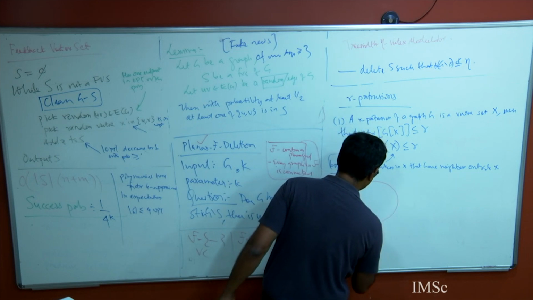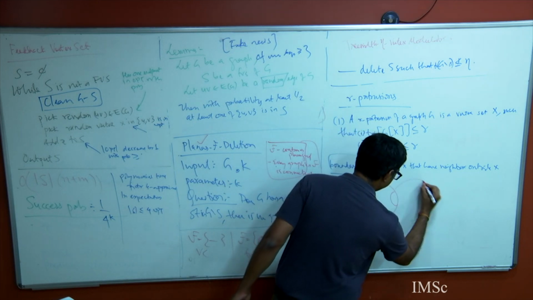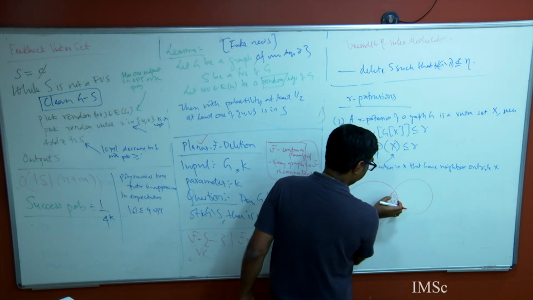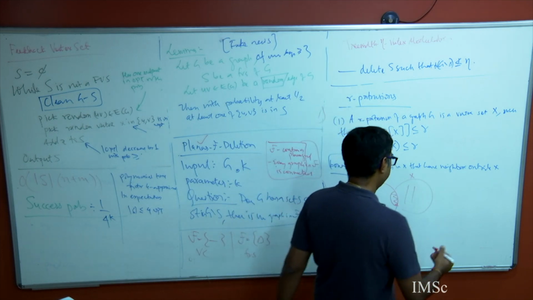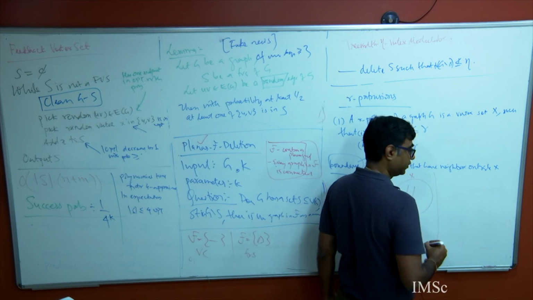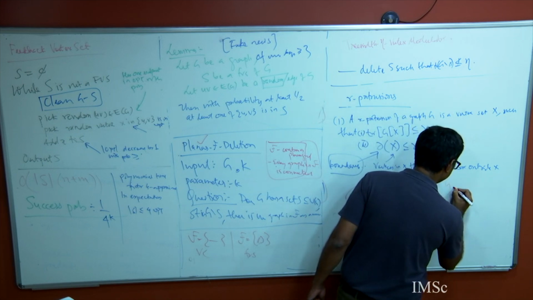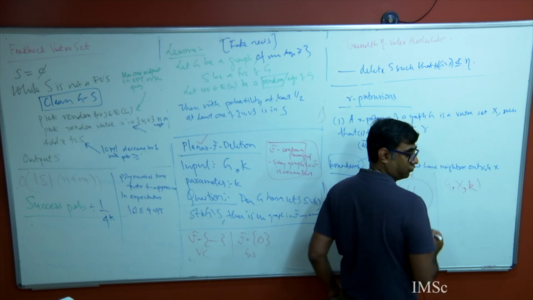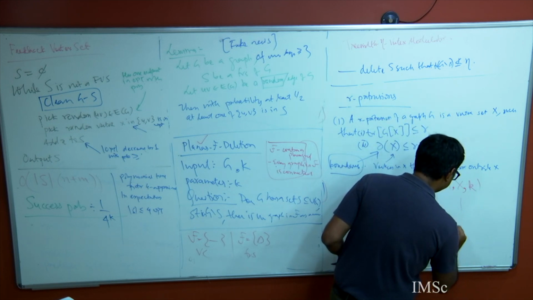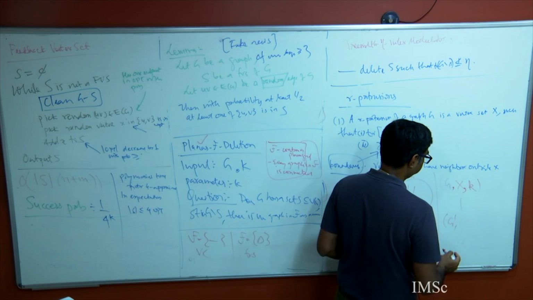Here's your graph, and this is your X. I have a procedure, and I will not tell you what this procedure is. It takes G, X, K, where X is a protrusion, and it outputs my G prime.